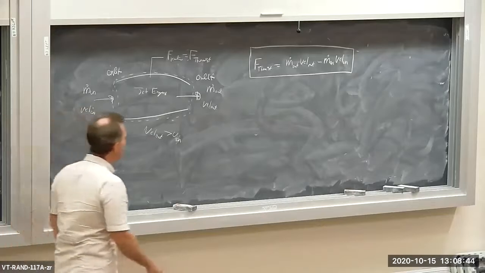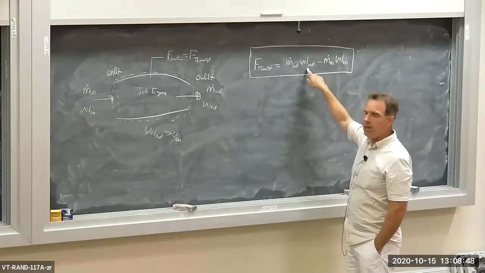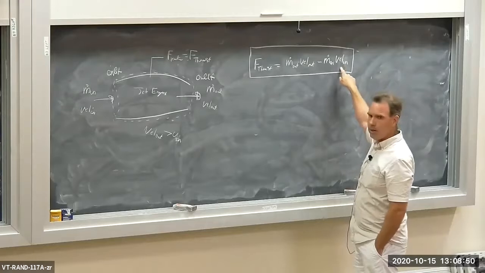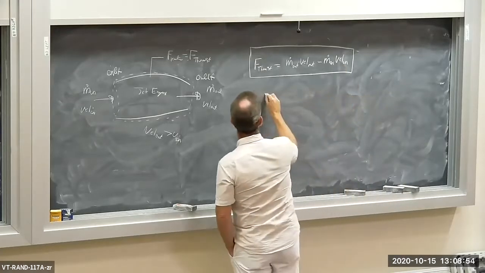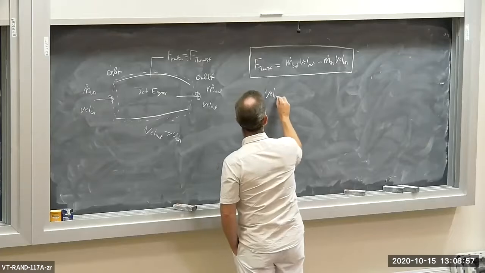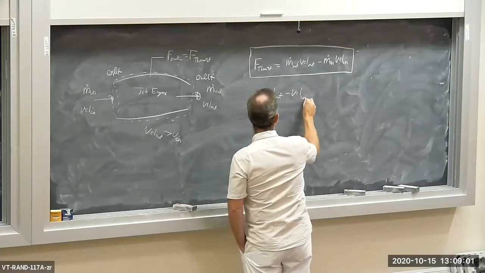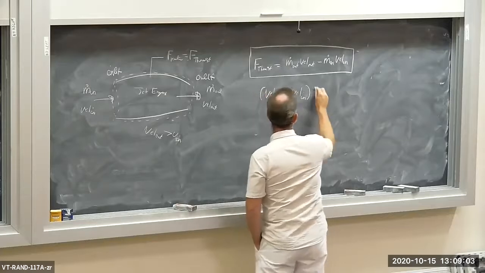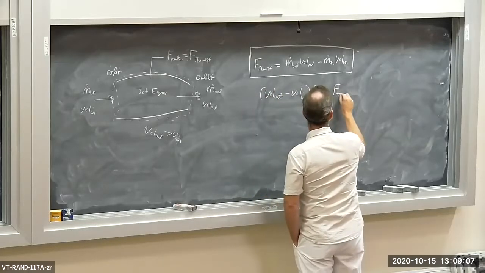So what this means is for any given m dot, the greater the outlet velocity compared to the inlet velocity, the greater the thrust. So as the difference between the outlet velocity minus the inlet velocity goes up, thrust goes up.